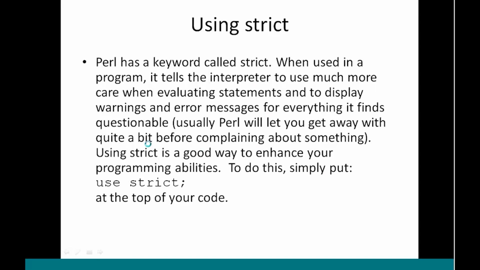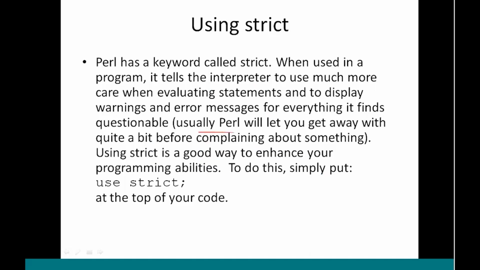Now the other operator that you will always find in Perl programs is what is called strict. Perl's keyword strict tells the interpreter to use much more care when evaluating statements, and to display warnings and error messages for everything it finds questionable.